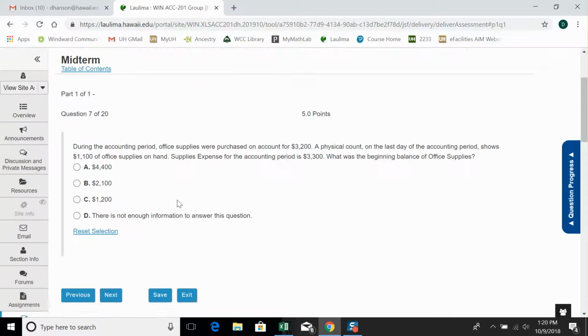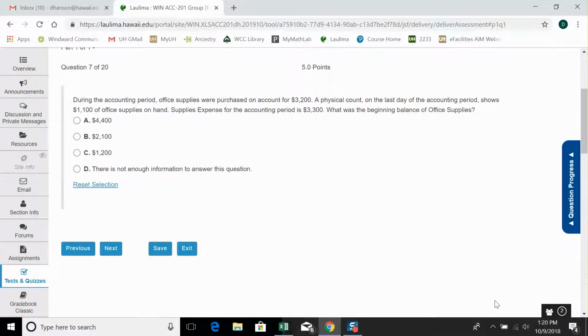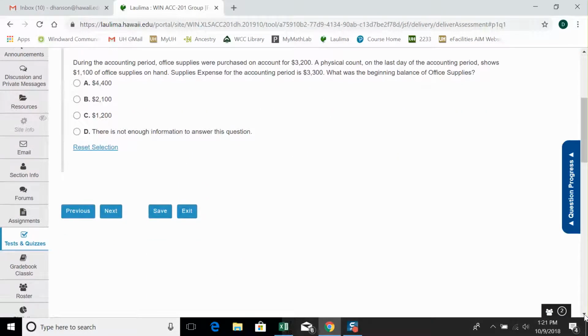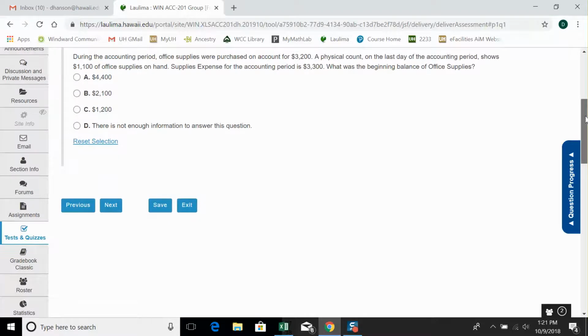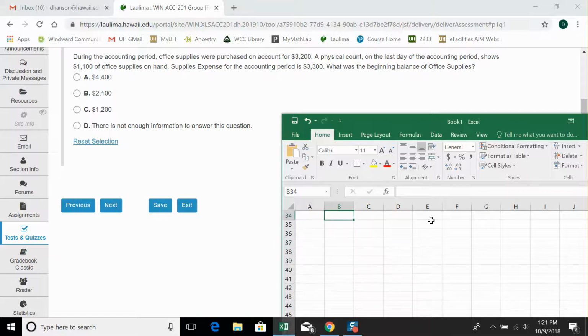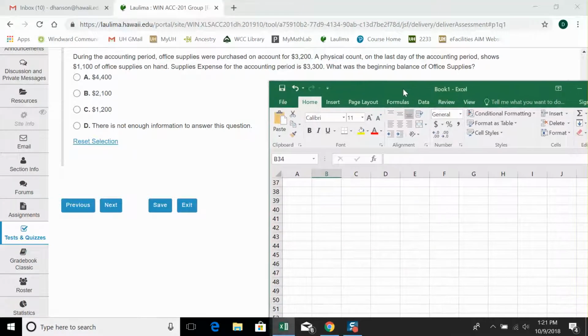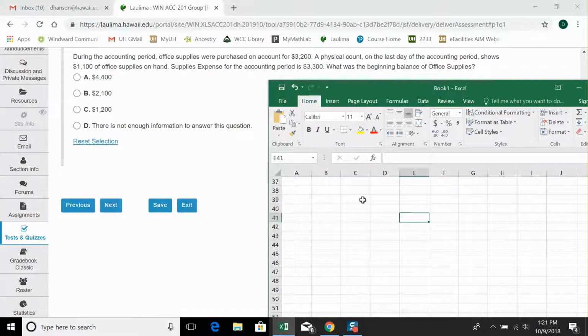Next, let's see, question 7 of 20. And I'll scoot that up there so we can see the question, and then I can show you how the work is done in this Excel sheet. And keep in mind, I'm just using Excel to scribble my notes for you. You could do it by hand if you had to.